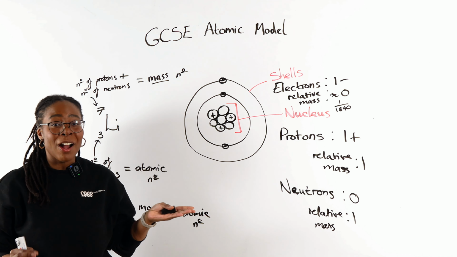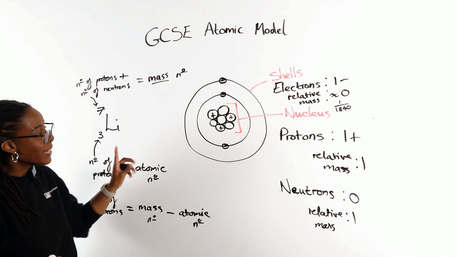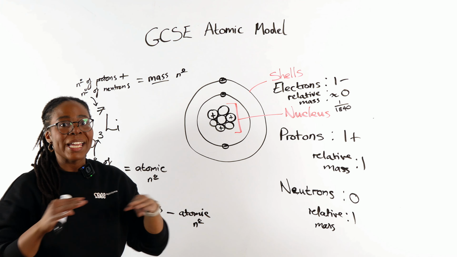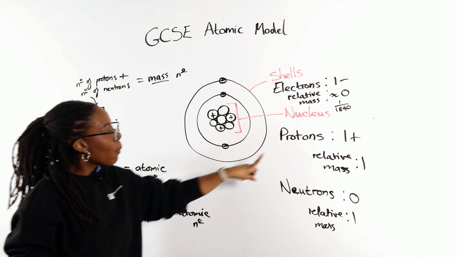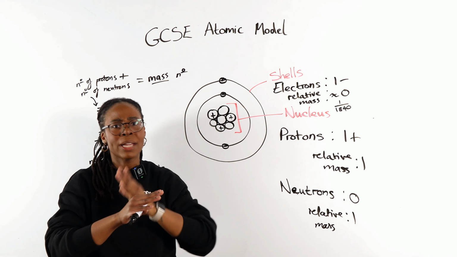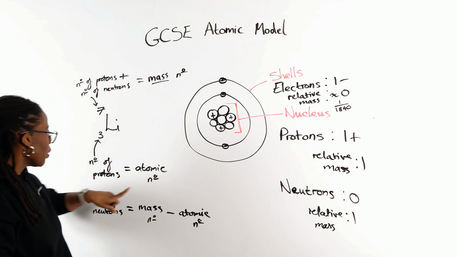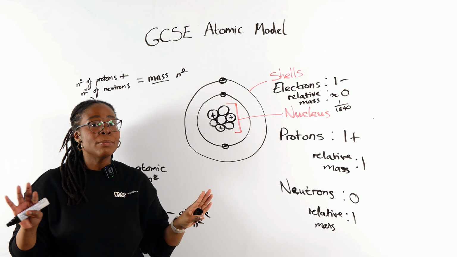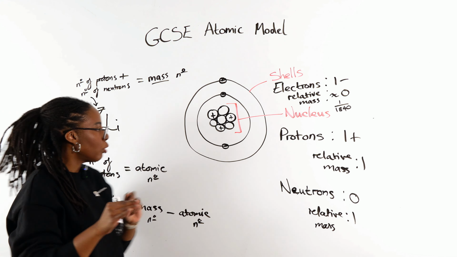Now, how do we figure out how many electrons we have in an atom? The key here is, and again, coming back to our diagram, an atom overall is neutral. So an atom has no charge. That means that our positive protons and our negative electrons need to cancel out. Okay, so however many protons we have, which we already figured out from the atomic number, we must have the same number of electrons so that the charges cancel and the atom is neutral overall.